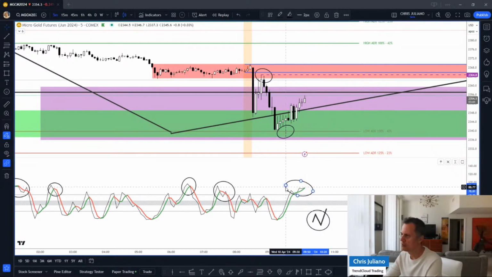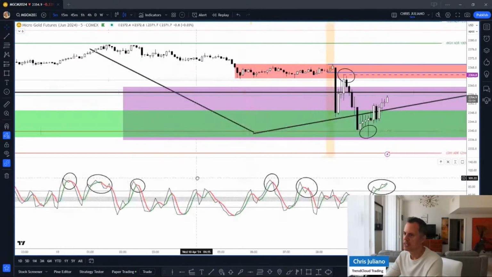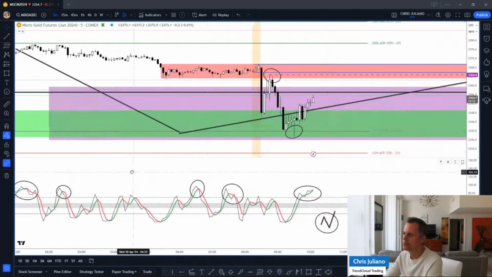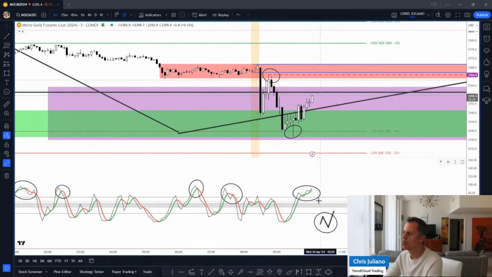Very strong move. Maybe this is going to form a triple cross, you know, like it did here. We're still forming it. We are still forming that pattern. Right here, going back to this zone.